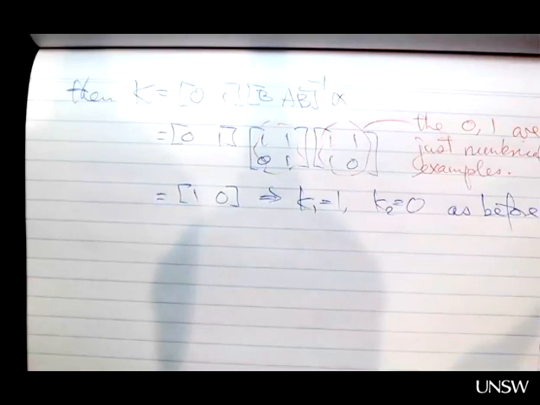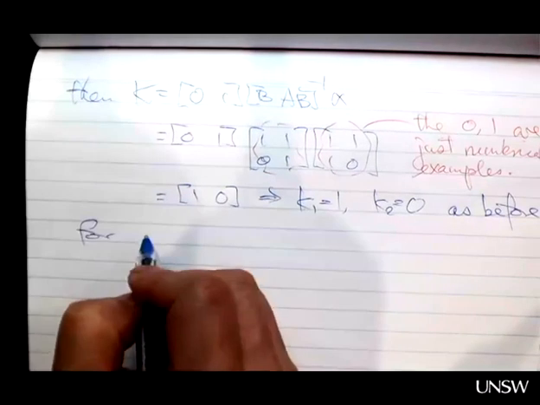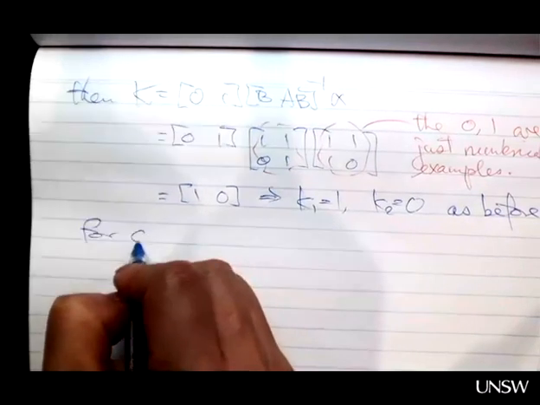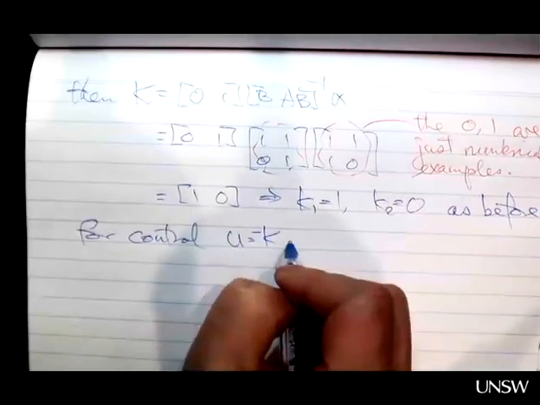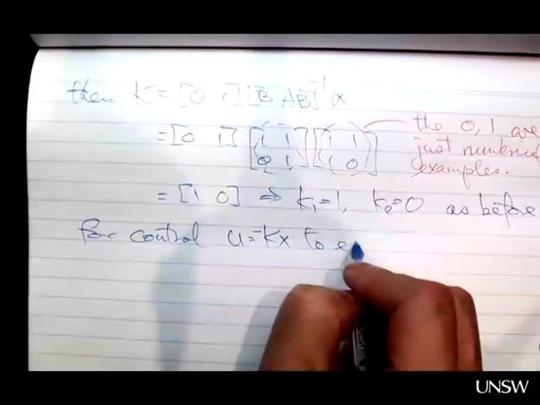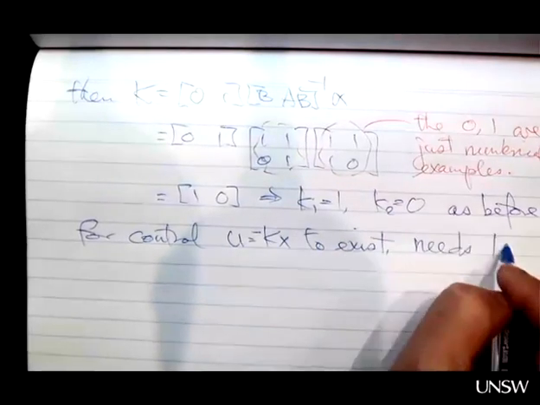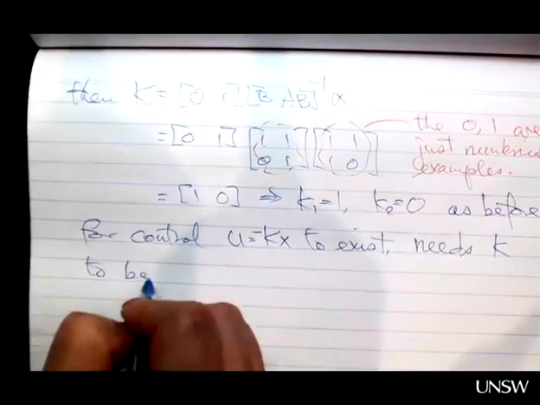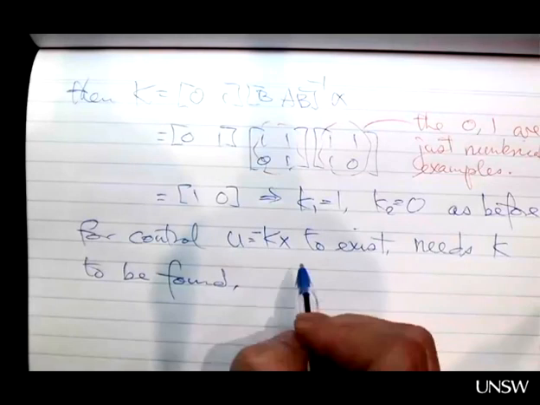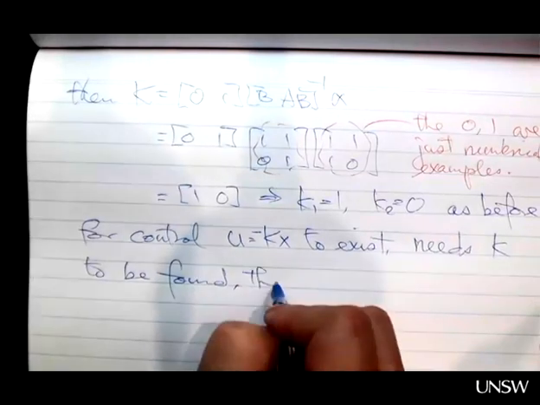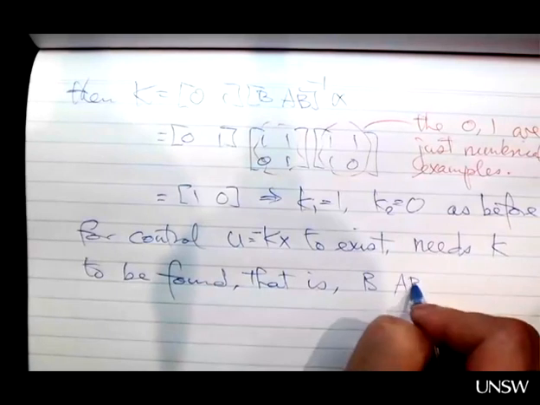So for the control u equals minus kx to exist, K needs to be found. That is, this inverse can be found.